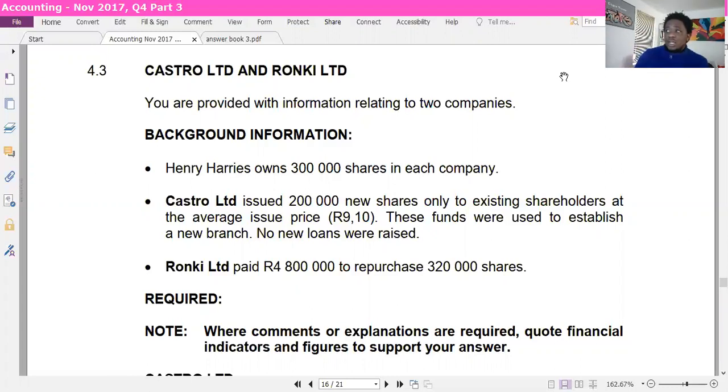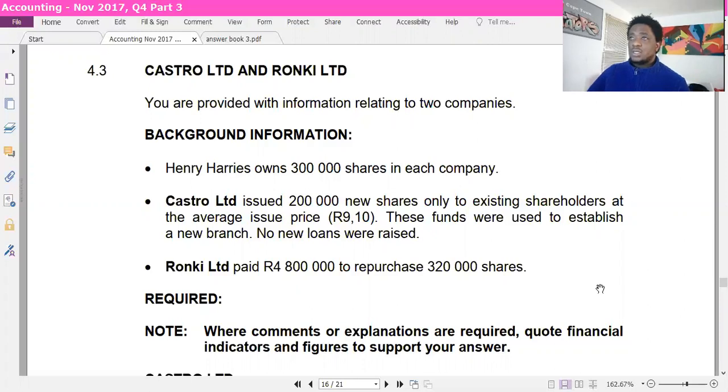So we are answering question 4.3 of this paper. Question 4.3 of this paper is based on two companies, which is Castro Limited and Ronco Limited. It says there you're provided with information relating to two companies, and then you're given some background information.